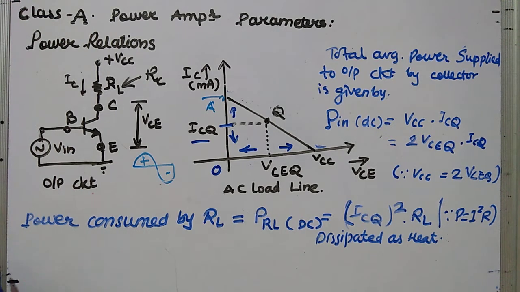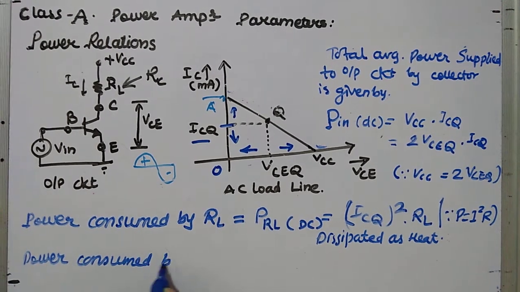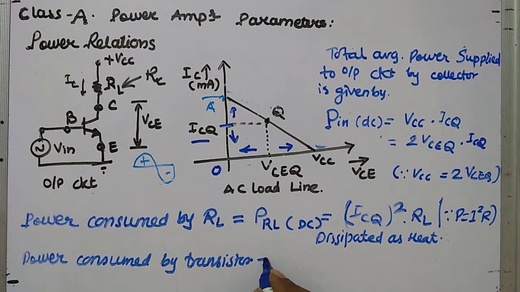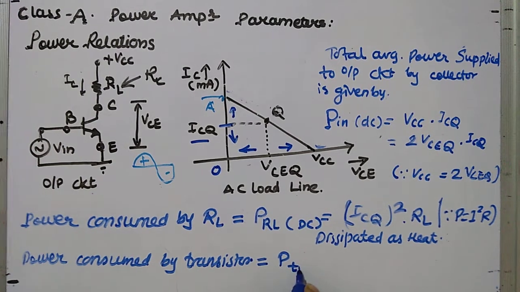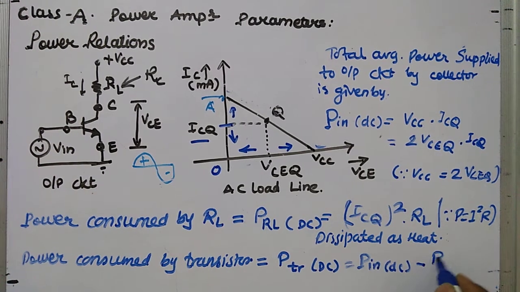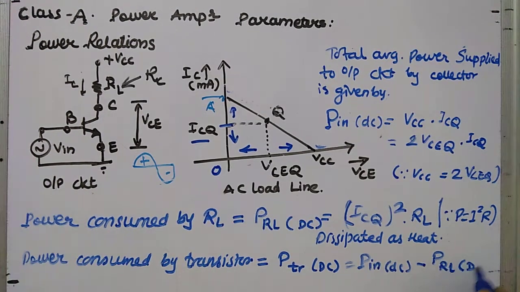Now the power consumed by the transistor is given by P TR. TR represents the transistor DC power, of course. It is equal to P in DC minus PRL DC.